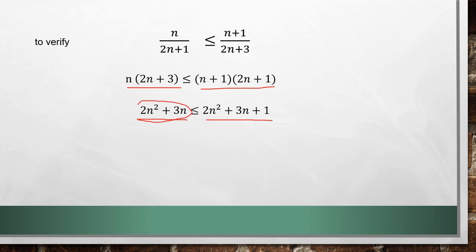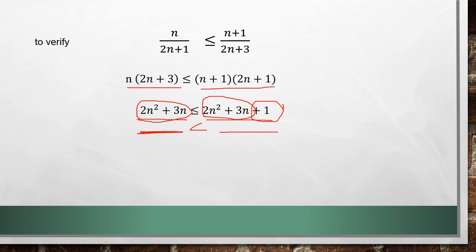Take note that this is 2n squared plus 3n, and this is also 2n squared plus 3n. So they are equal. However, on the right side, we have plus 1. So this means that the left side of the inequality is less than the expression on the right side of the inequality. Okay?